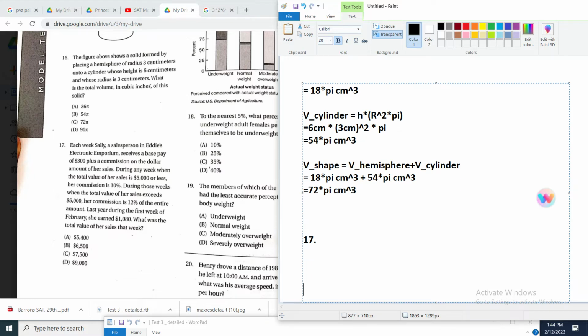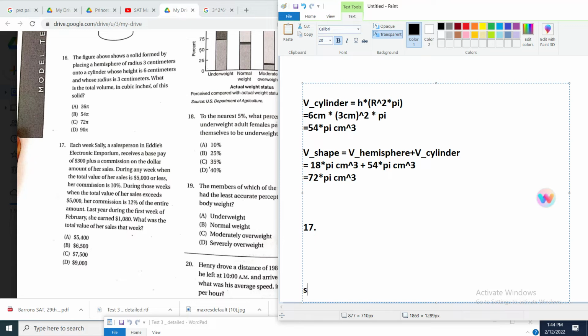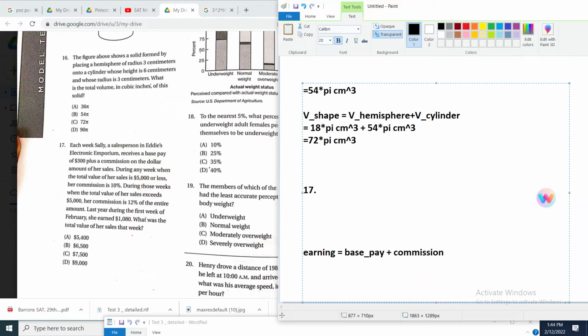Okay, so earnings are going to be equal to base pay plus commission, right? The base pay is $300, and the commission is going to be based on sales. For the sales we have two cases.